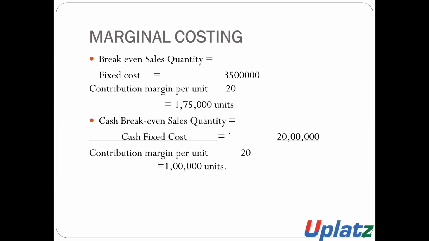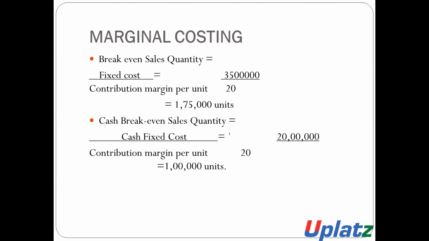Then the break even quantity is 1,75,000 units. At this point, the entity will neither earn any profit nor incur any loss. This is the break even sales quantity.